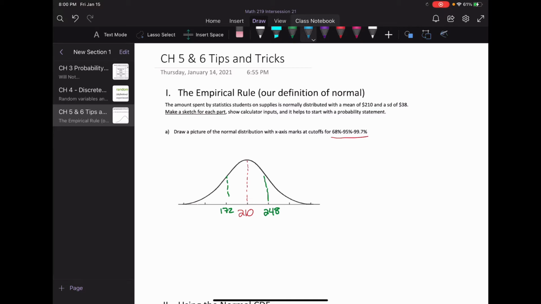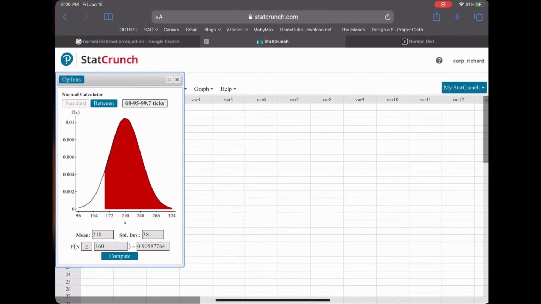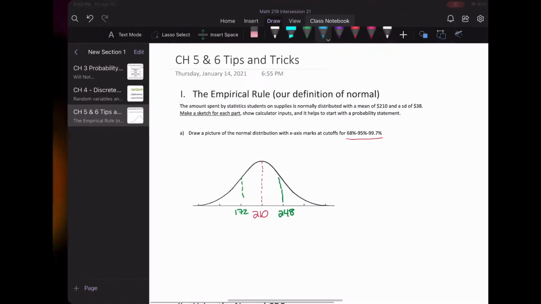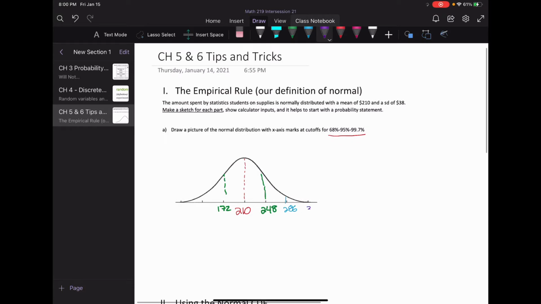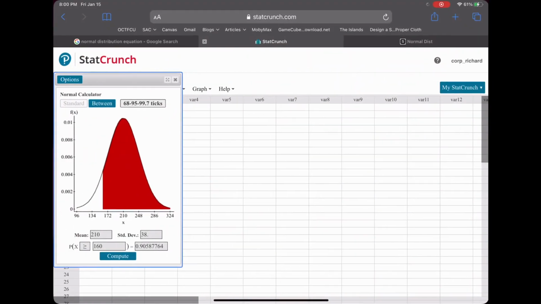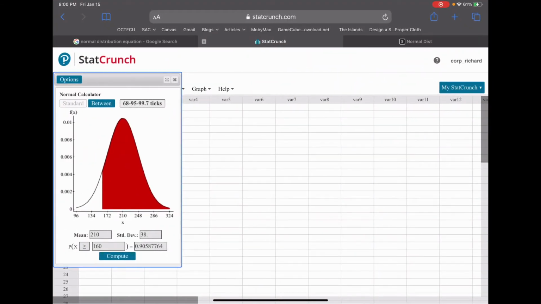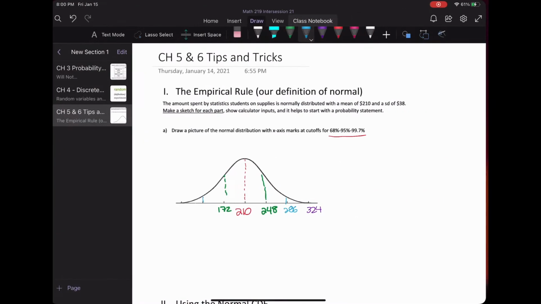Another standard deviation out is 286 and 324. Again, that's just another 38 units on either side. And on this side, if I go down 2 standard deviations, I see that's 172 and then 134 and 96.